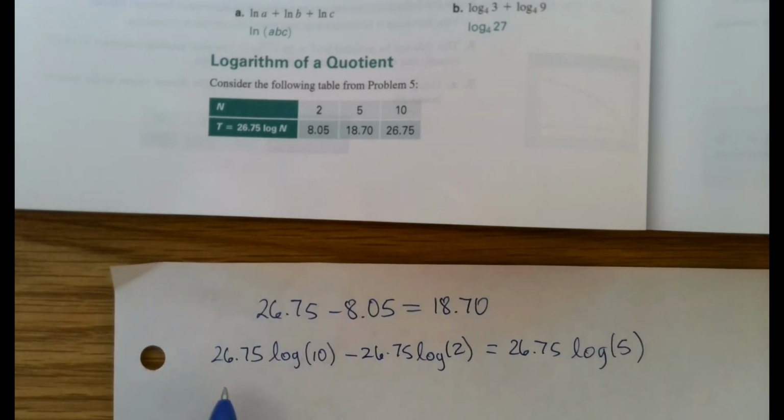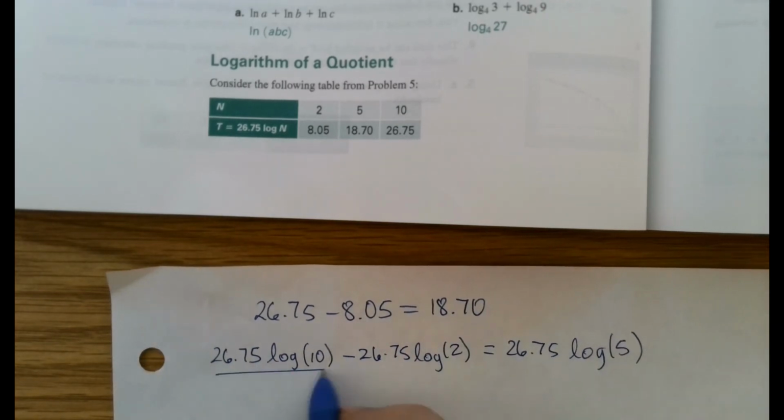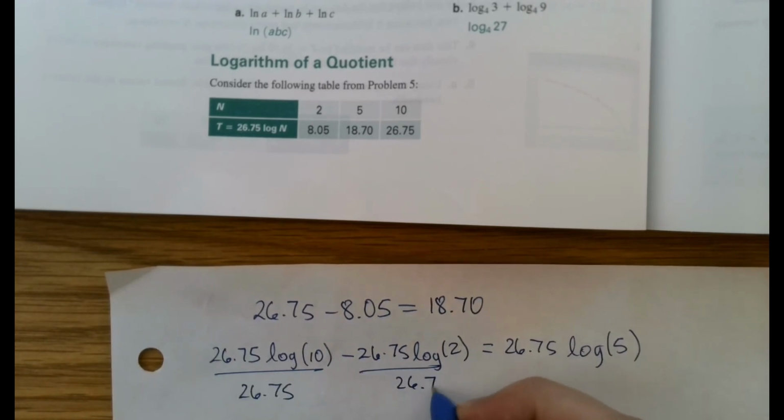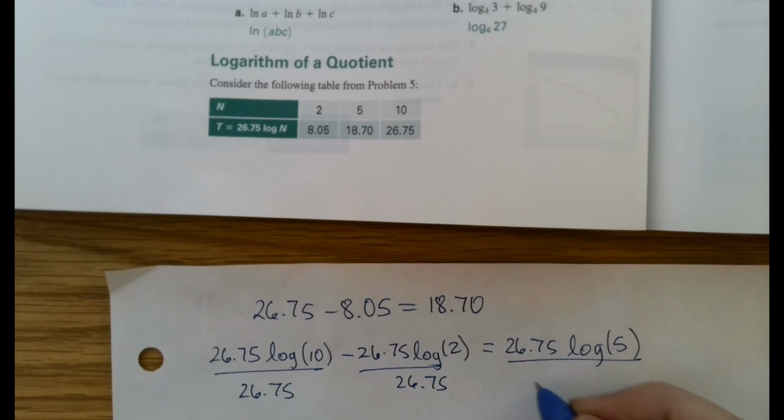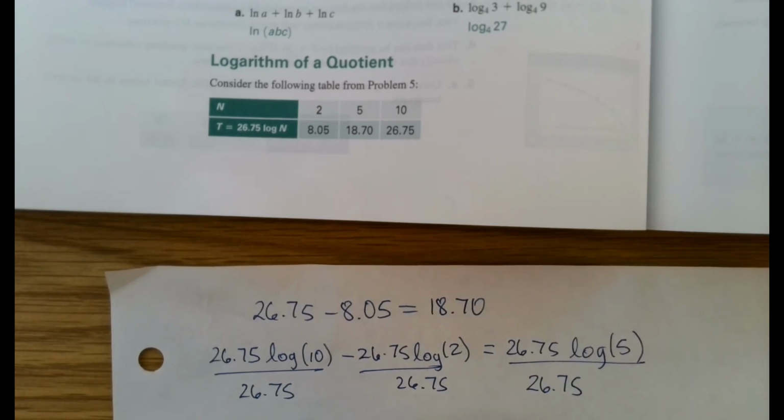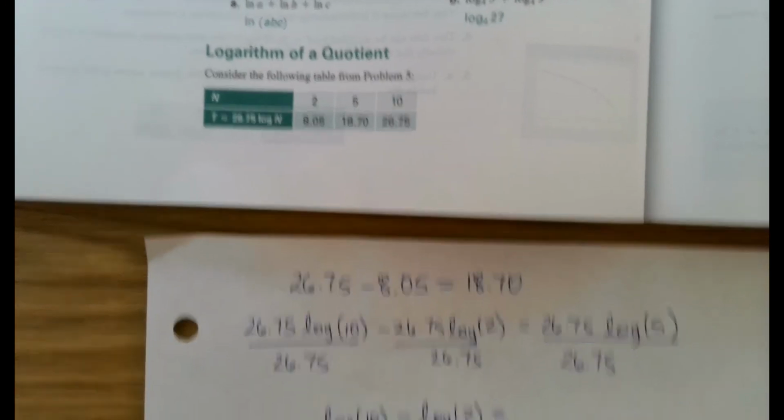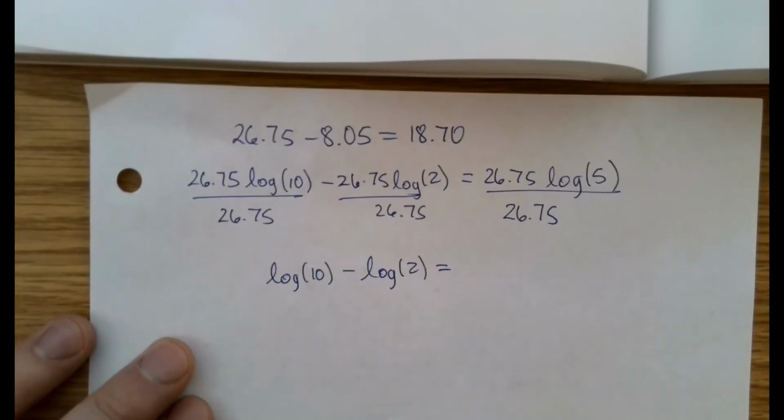Just like before, we can divide each piece of these by 26.75, because we're dividing both sides of the equation by the same thing, so we are not messing with that equality. And we get that log 10 minus log 2 is equal to, boy, you can't see what I'm writing. There we go. Log 5.